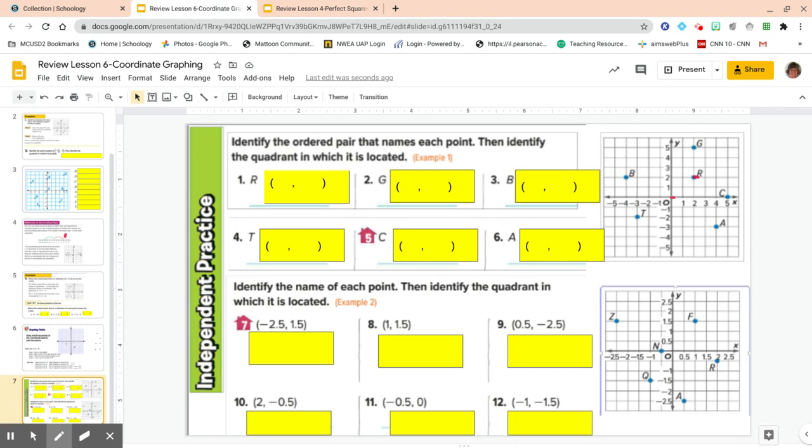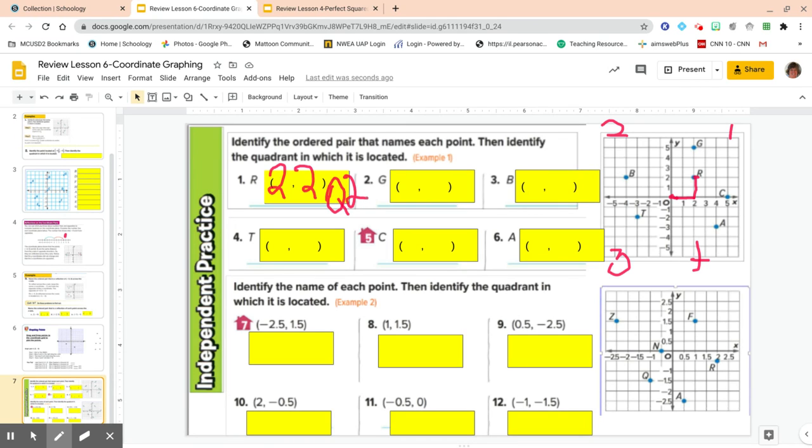Start at the origin, and I'm going to go 1, 2 places over. So the first coordinate is -2. And then to get there, I need to go positive 2 places up. And so this point is in quadrant 2. So I'm just going to put quadrant 2. And you will do that for each of those.